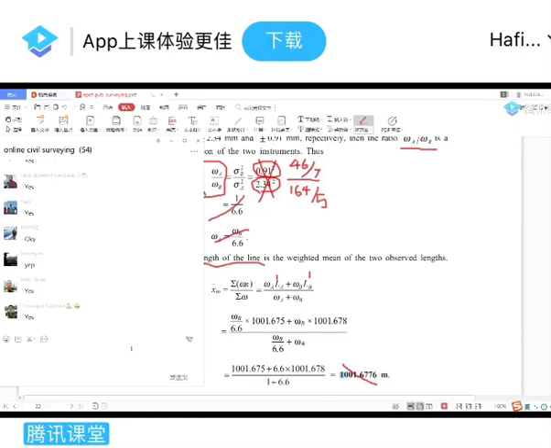Hello guys. Okay, the solution is wow. Let me simplify this one a little bit.